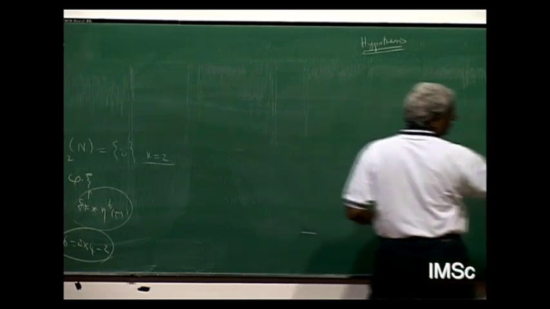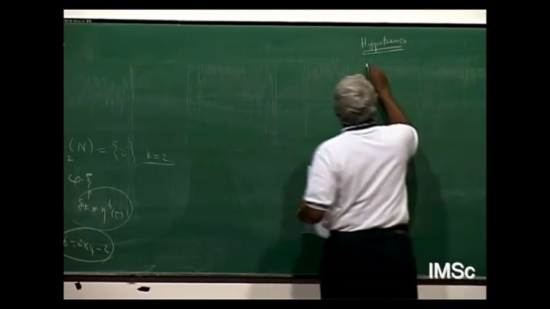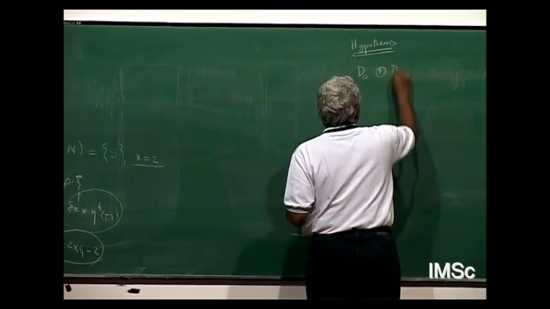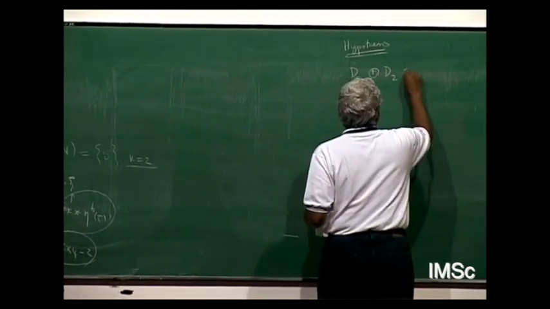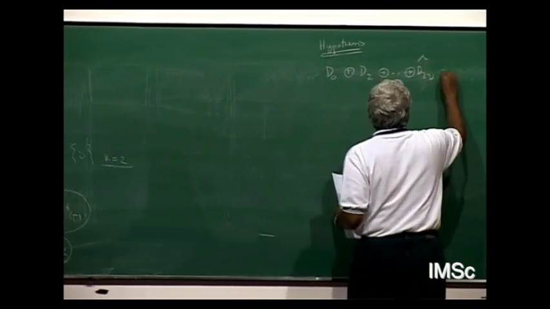So we have these operators. I have d0, d2, d_nu. You just remove this.